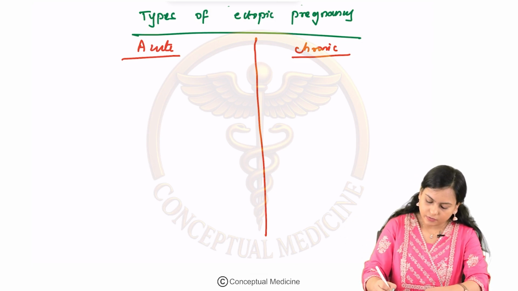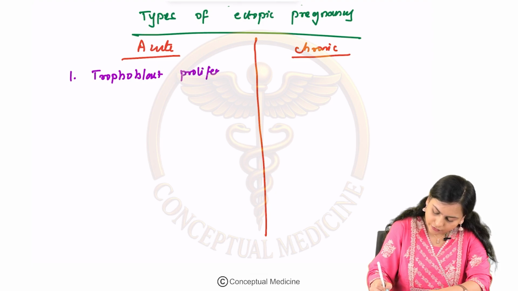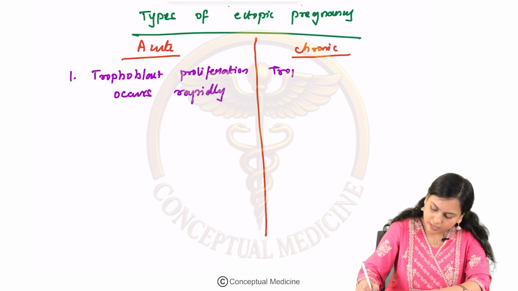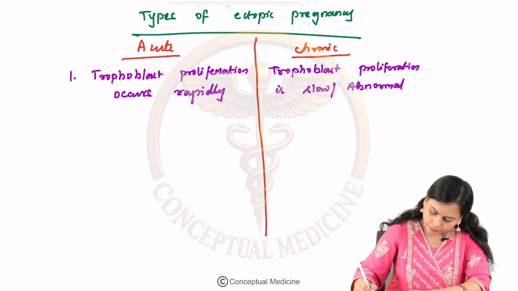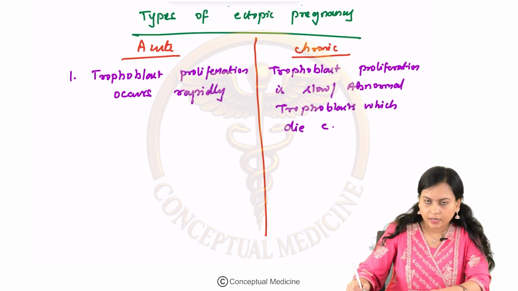So number 1, in acute ectopic pregnancy, trophoblast proliferation occurs rapidly. In chronic ectopic pregnancy, trophoblast proliferation is slow, or there are abnormal trophoblasts which die early.